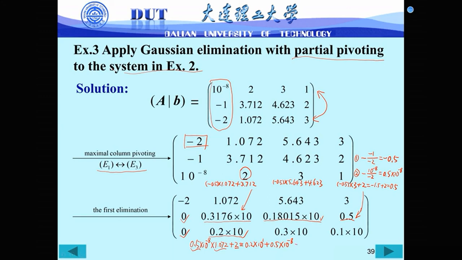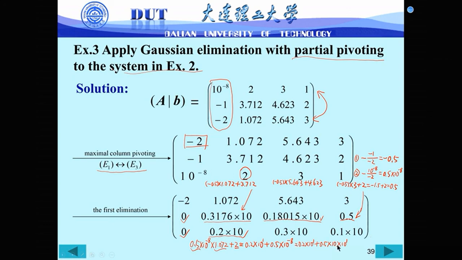Now we should use the same power. So here is 1, here is minus 8. We need to use 1 as the same power. So 0.2 multiply 10 to 1 plus 0.5 multiply 10 to... let's show you. Here we should use the same power 1, but here is minus 8.